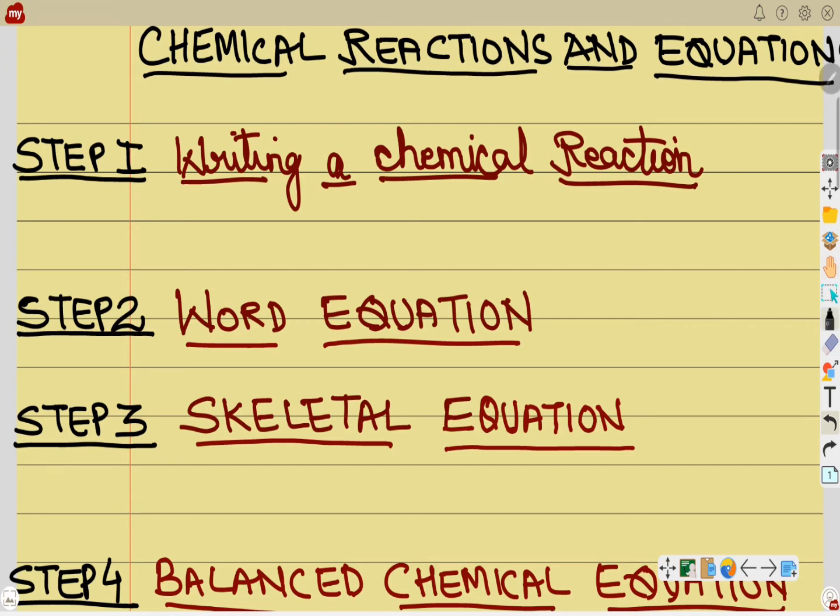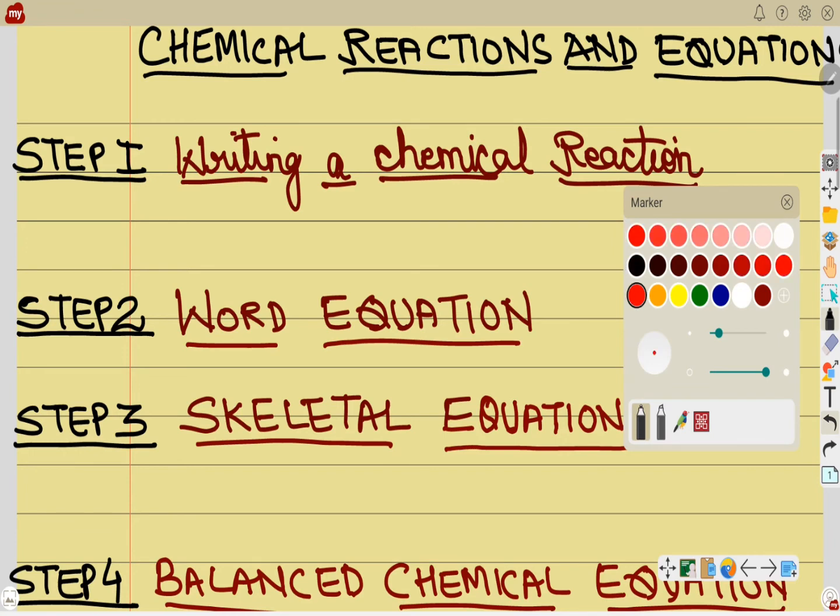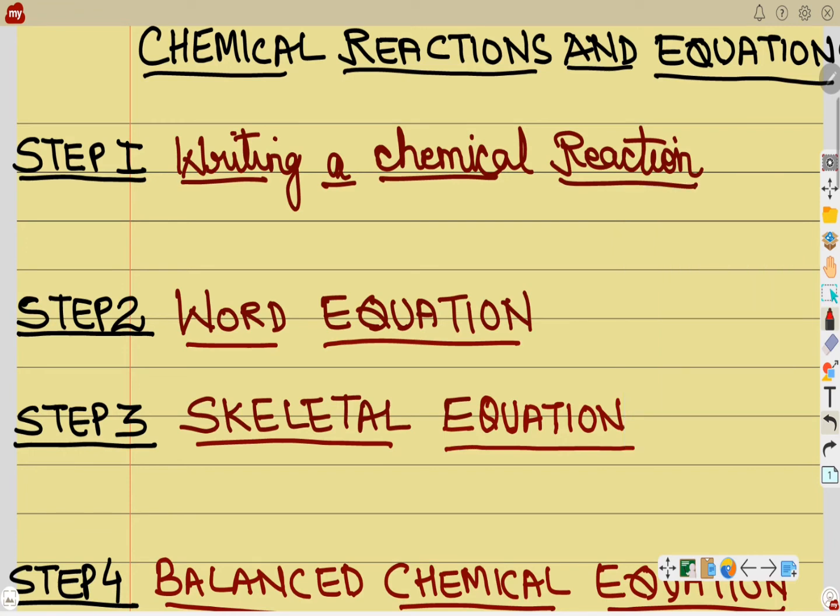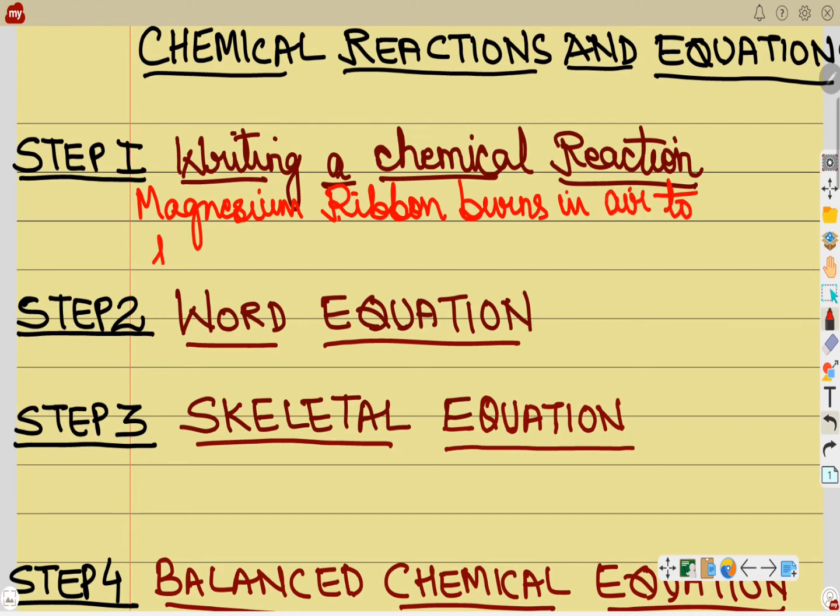Let us see how we are able to do that so that you can also do it in your future endeavors. Let us take a very simple example of a chemical reaction. What is that chemical reaction? Magnesium ribbon burns in air to produce magnesium oxide.